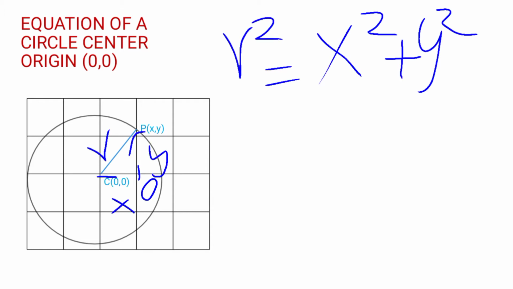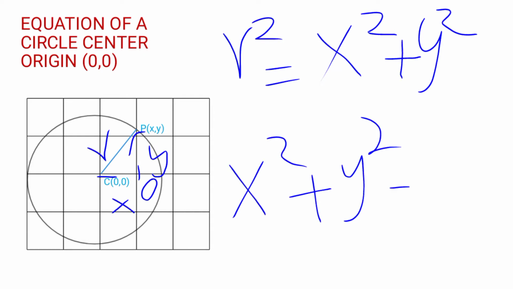This gives us the equation x squared plus y squared is equal to r squared, and that is the equation of a circle with center at the origin.